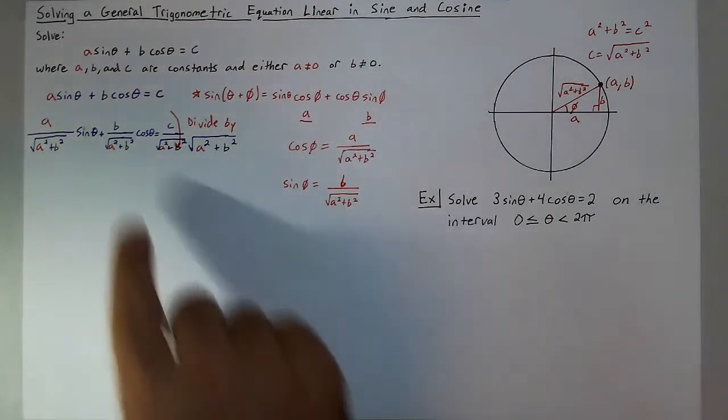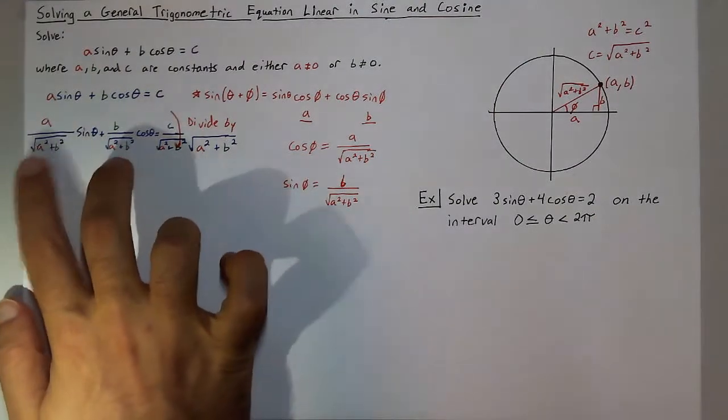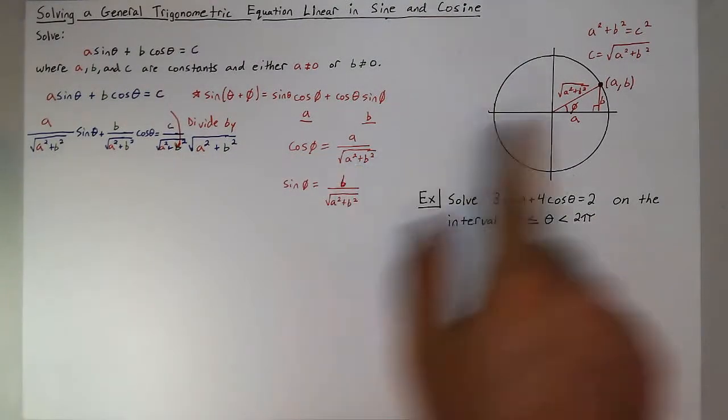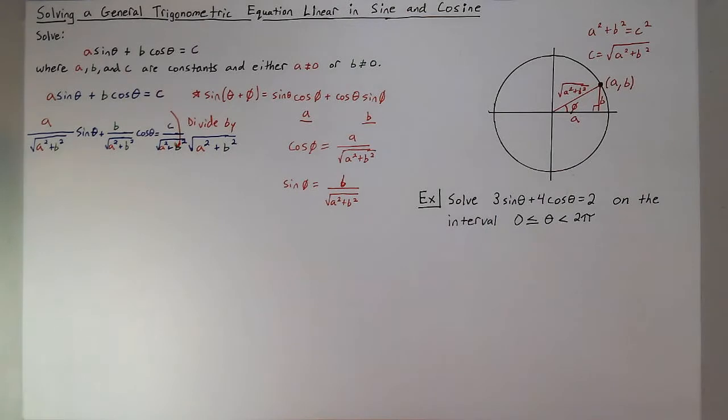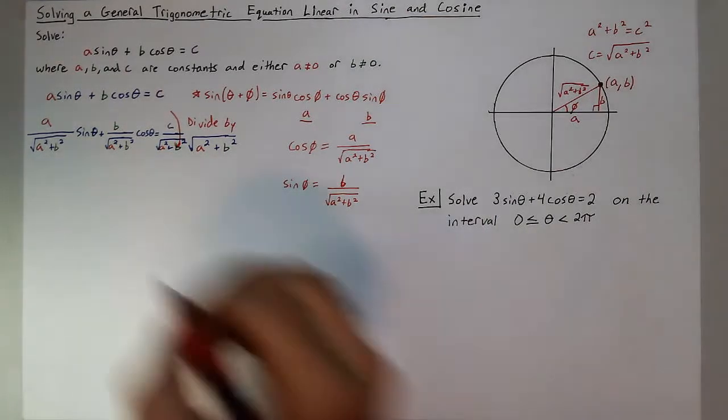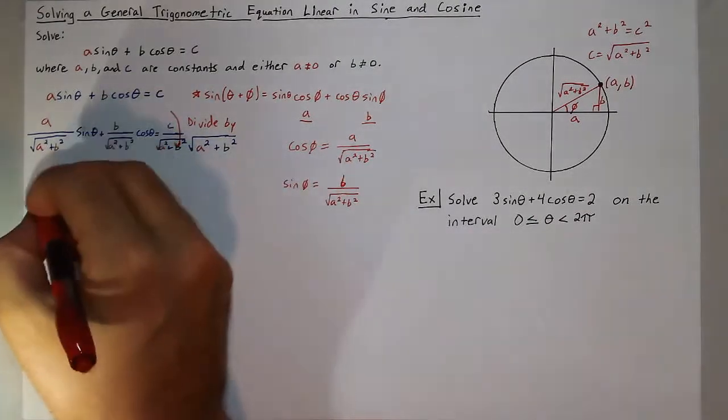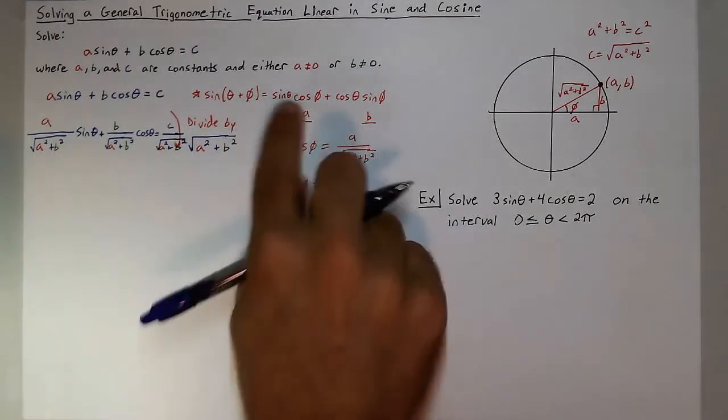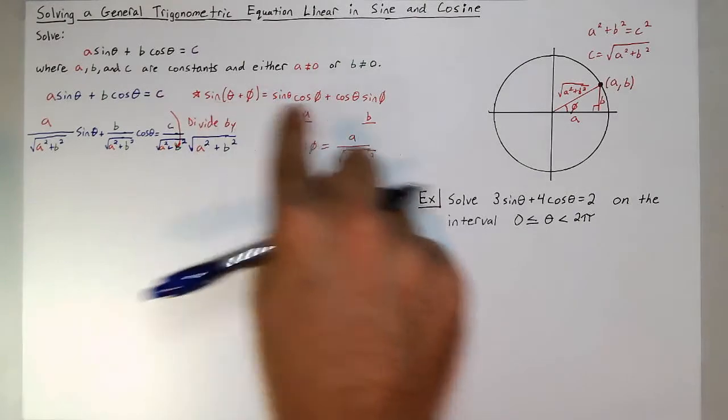So now I can replace these values over here with what I know they're equal to according to my unit circle. So now I will have cosine of phi, but I'll put the sine of theta first just to match my formula.